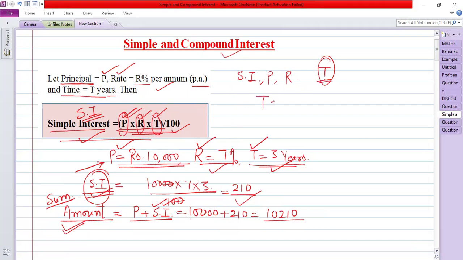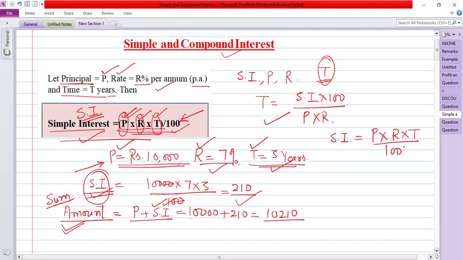So time will be given by SI, simple interest, into 100, divided by P into R. This formula comes from the one I just mentioned, that simple interest is P into R into T upon 100. So this 100 will go to this side, and this P and this R will go to the other side, in the denominator.